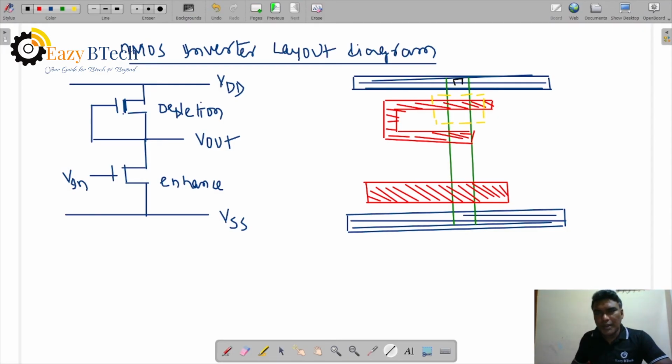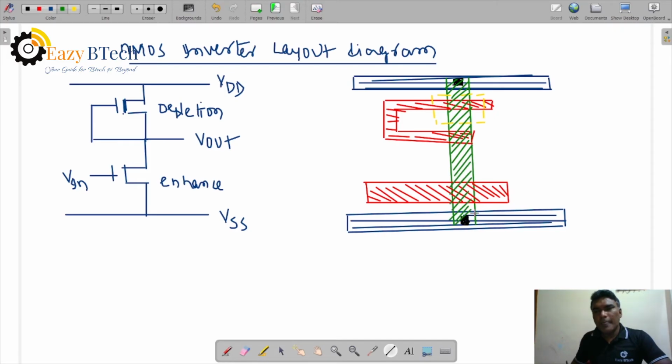Another thing we can represent is the contact area. Both layers are here. You can represent this contact area, here also a contact area. Now let us take this diffusion, it is also here, forward lines with the nearer distance.